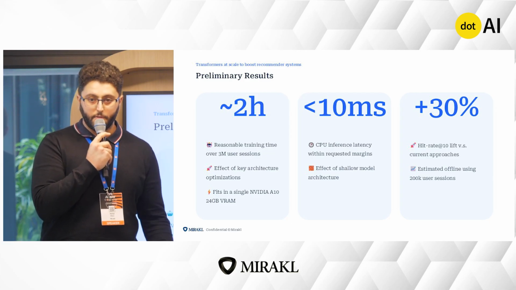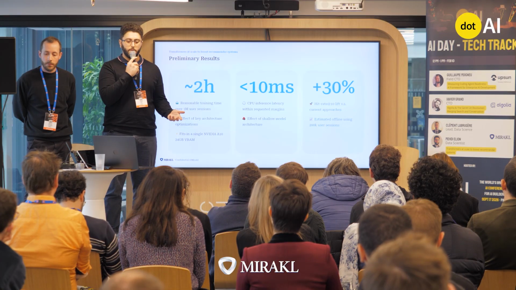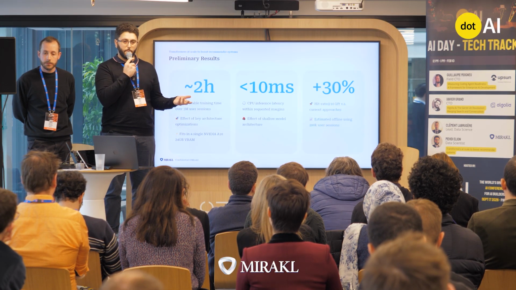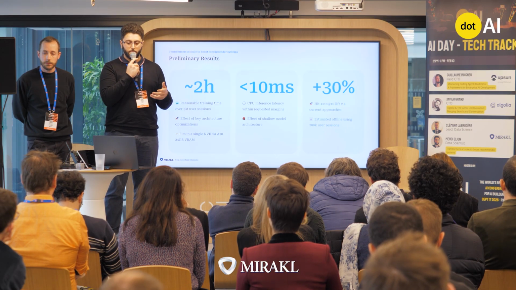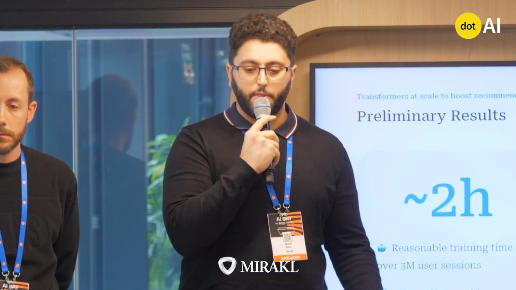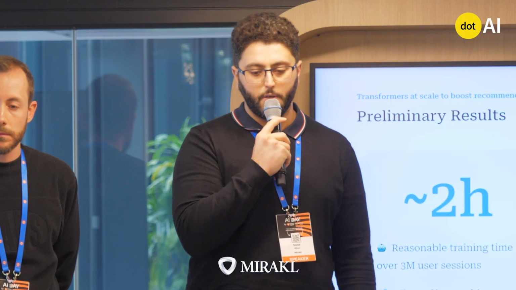As for the inference part, we carried out a few offline tests to measure it. And it turns out that it takes less than 10 milliseconds to run a model inference on CPU, which is possible thanks to the shallow architecture of the model.